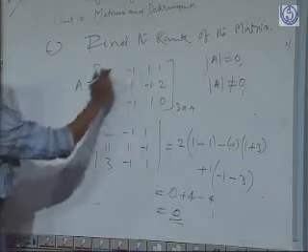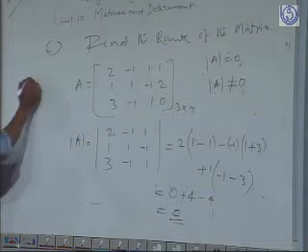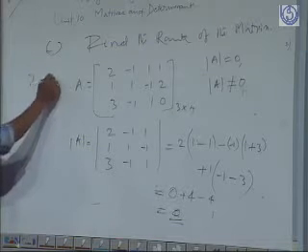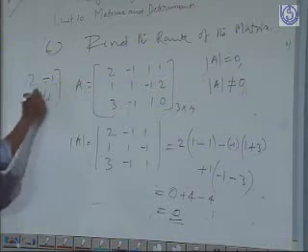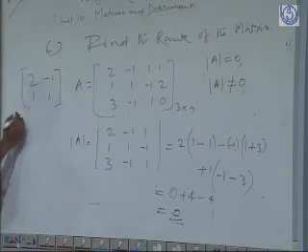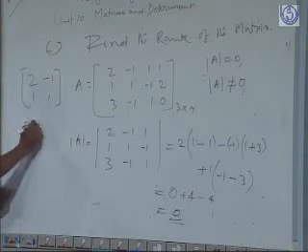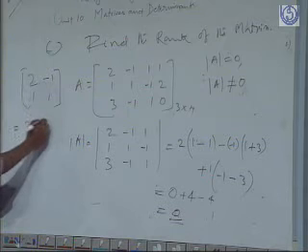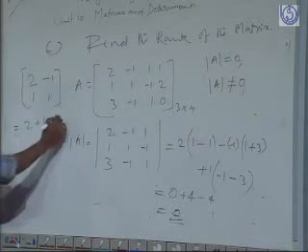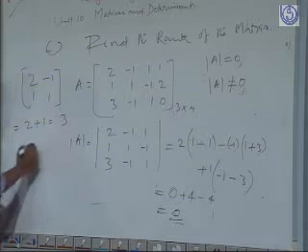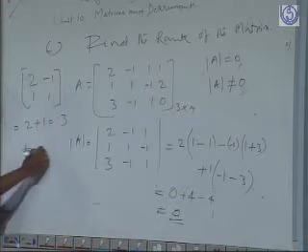again taking a 2 by 2 order. Suppose you take 2 minus 1, then 1 1. If you take this, the determinant will be 2 minus of minus 1, so determinant will be 3. So it is not equal to 0.